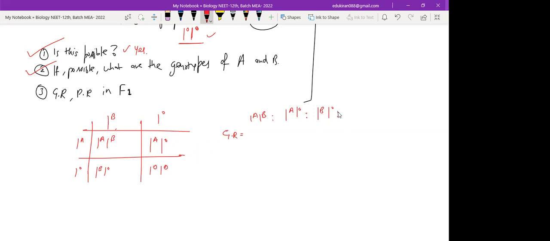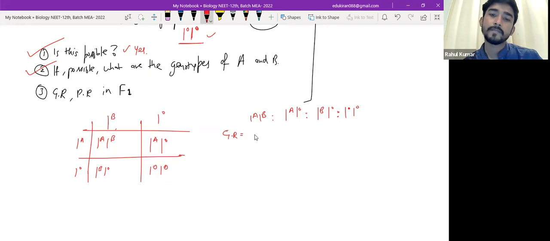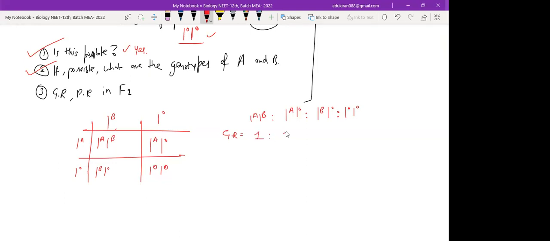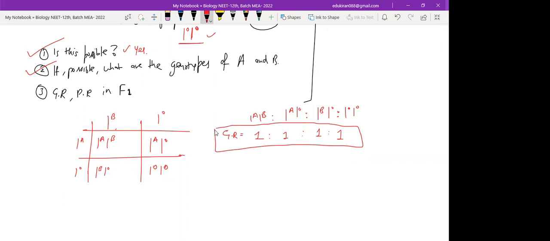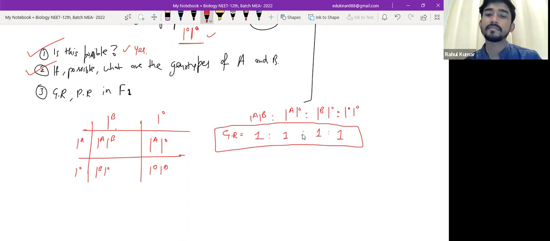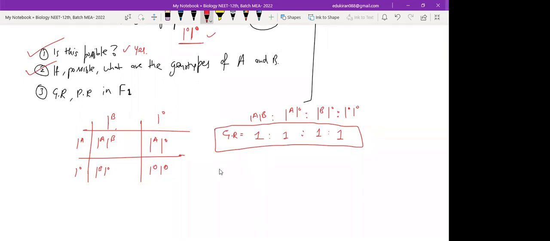IO IO. So what is the genotypic ratio? It's 1:1:1:1. Everyone got the same answer? Madhya, yes. Mamuna, Minashi, Mazia, got the same answer? Yes, sir. Very good.